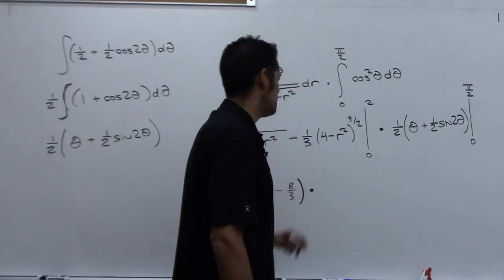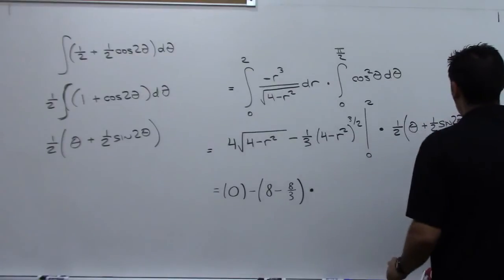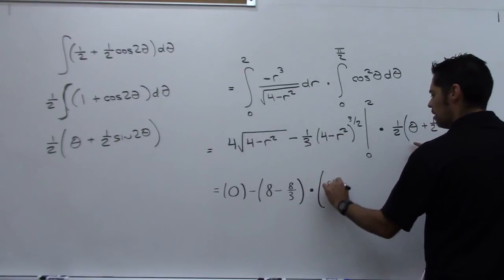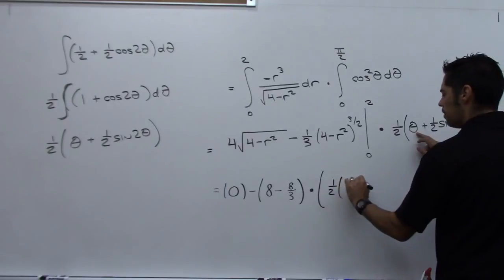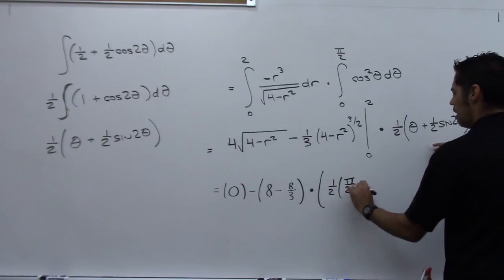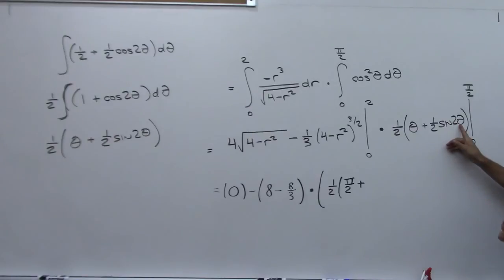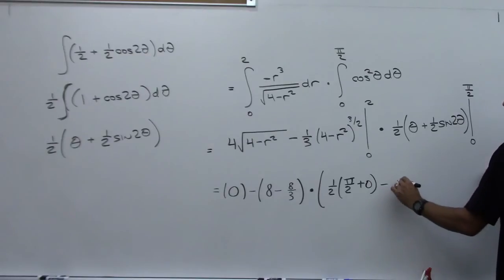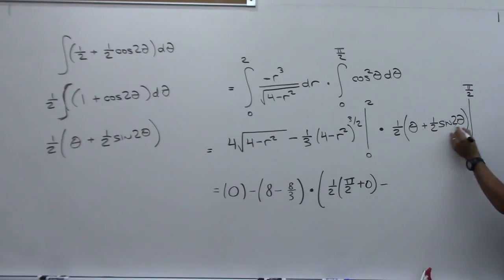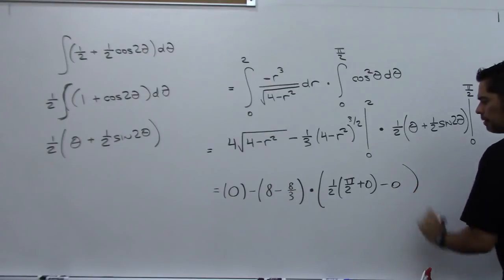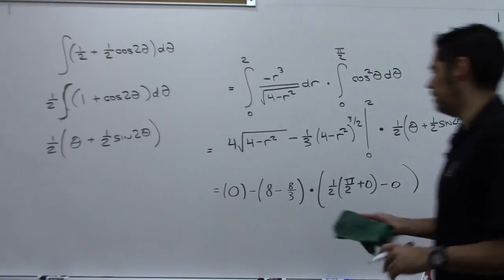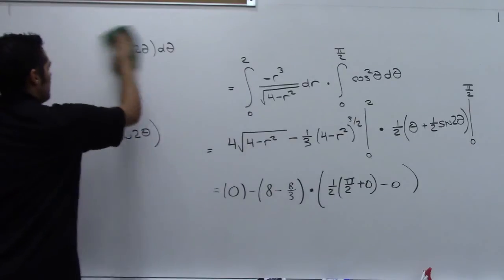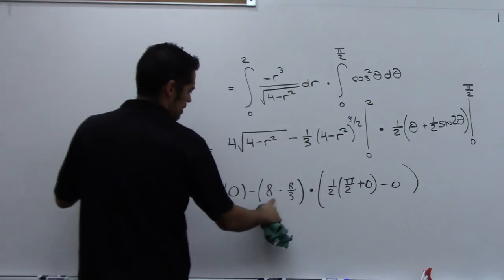Then times, over here, when I plug in pi over 2, I get, let's see, 1/2 pi over 2 plus sine of, 2 times pi over 2 is pi. So sine of pi is 0. So that's gone, nothing. And then I go minus, and now when I plug in 0 here, I get 0 and sine of 0, 0. So we just get zeros here. So it's looking like, at the end of the day here, we're having 8 minus 8/3.